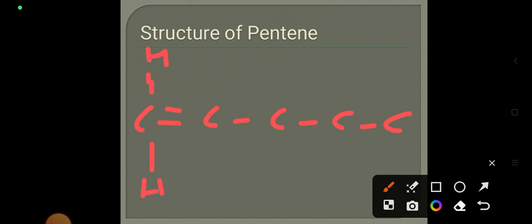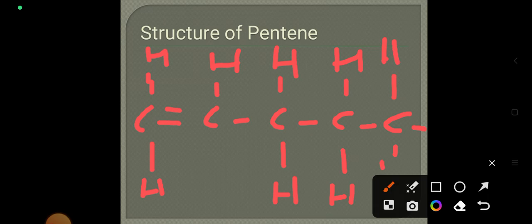So C1 valency is satisfied. C2 has 3 bonds, so 1 bond I will write extra. And here C3 has 2 bonds, so now totally it is 4. Again C4 has 2, so I should write 2 more bonds and make it 4. And C5 has 1 bond, and I will write the remaining 3 bonds to make the valency satisfied.